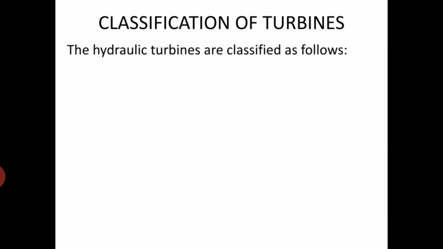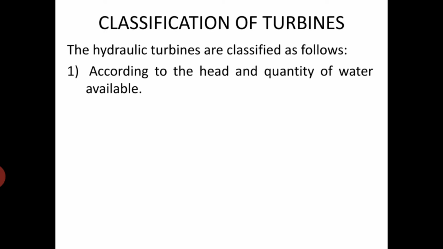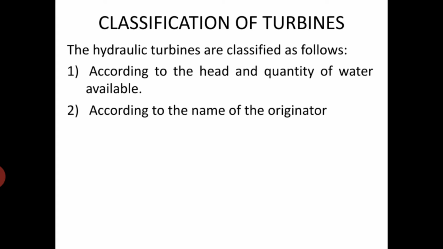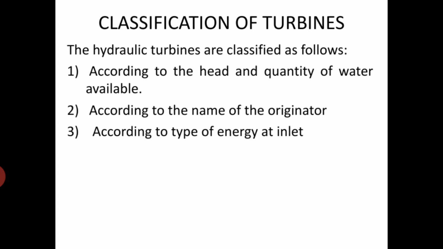And the classification of turbines. The hydraulic turbines are classified as follows. The first classification is according to the head and quantity of water available, the second is according to the name of the originator, and the third is according to the type of energy at inlet.